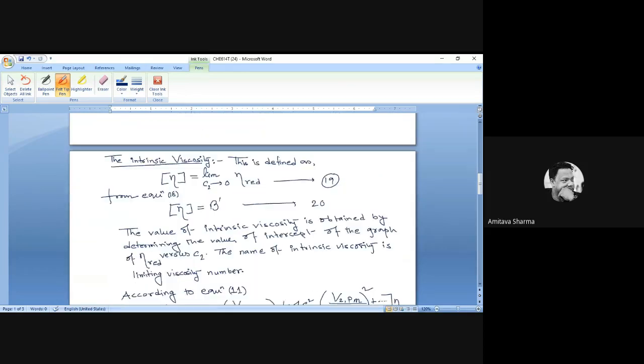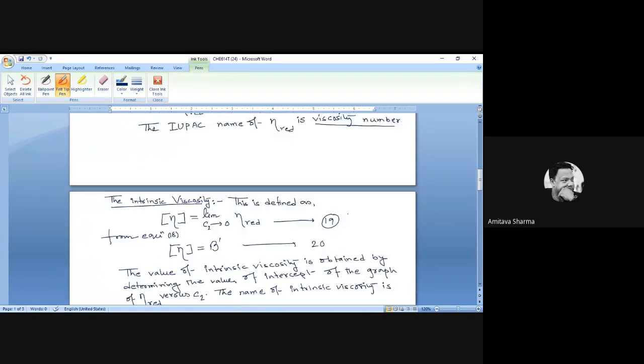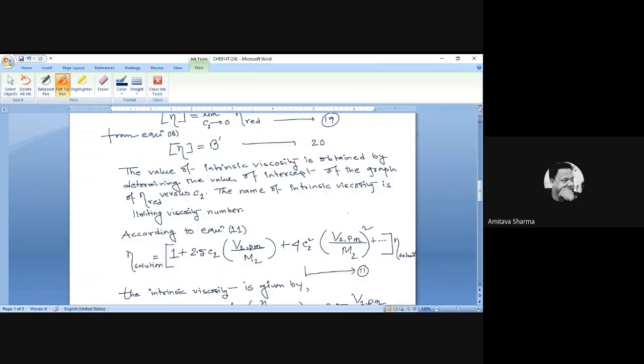Again, the intrinsic viscosity, this is the most important part of viscosity. Intrinsic viscosity is actually the reduced viscosity when C2 tends to 0, that is eta specific by C2, specific viscosity by C2. So if concentration equals 0, then intrinsic viscosity is equal to B prime, as can be written from equation 11.